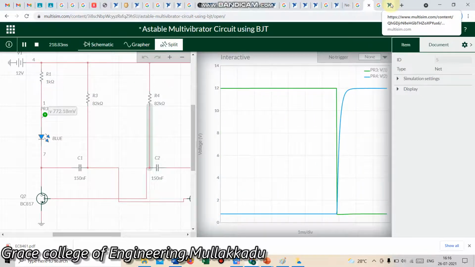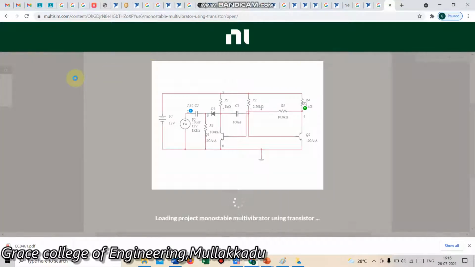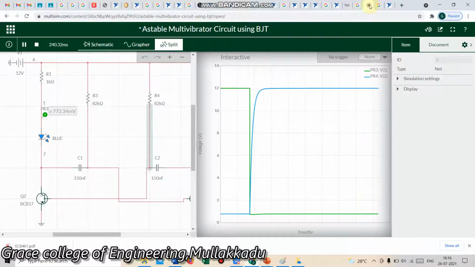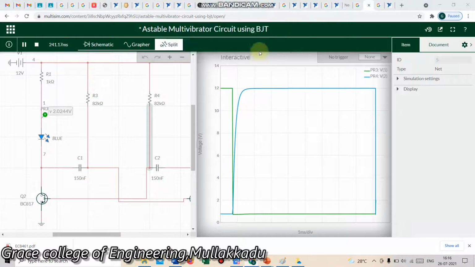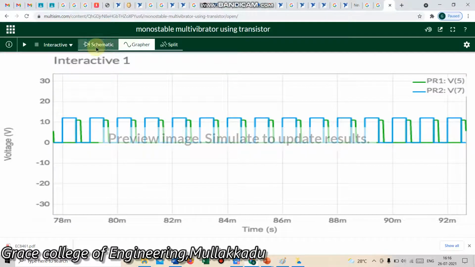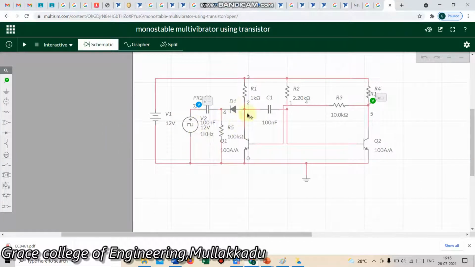Similarly, we are going to see the monostable multivibrator. In the circuit diagram of the monostable multivibrator, the base of one BJT is given the triggering circuit.